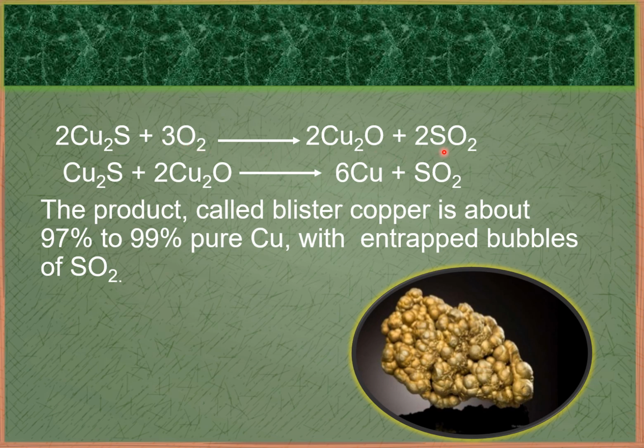Cuprous sulfide and cuprous oxide react together and form copper and sulfur dioxide. The product called blister copper is about 97 to 99% pure copper with entrapped bubbles of sulfur dioxide. These are the blisters of copper which are 97 to 99% pure copper.